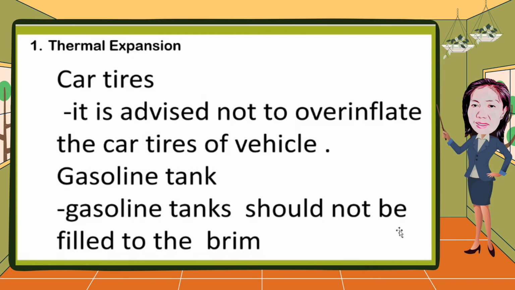So kung i-overinflate mo siya and then mag-expand, so what do you think will happen to your car tires? Buto mo. Oh, very good. So, dapat hindi natin i-overinflate. Okay? Give space for expansion of the particles inside the car tires.